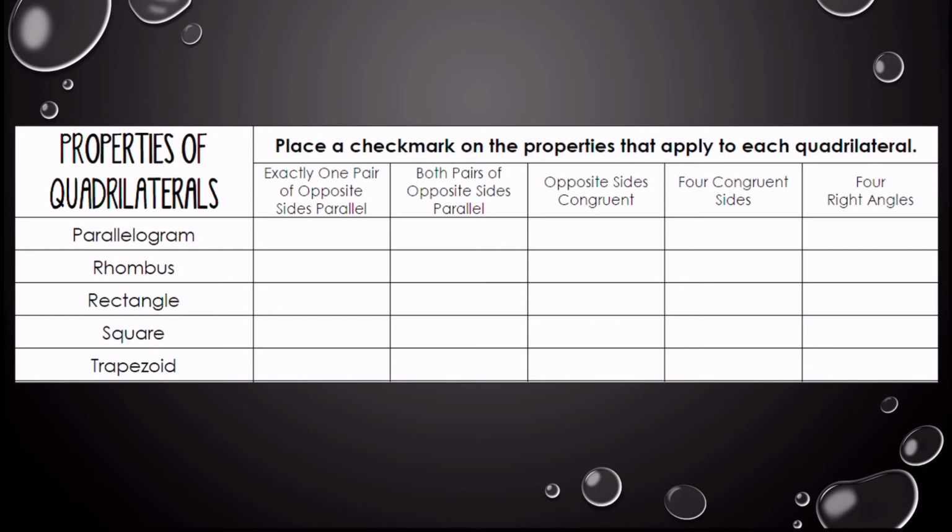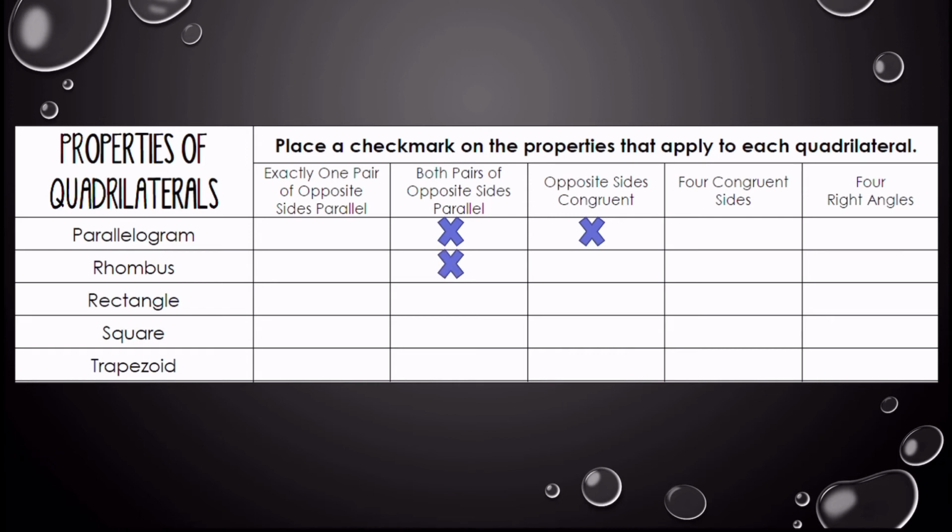A parallelogram, again, is 4 sides, but it has opposite sides parallel, both pairs. Opposite sides are congruent. That is different than saying 4 congruent sides. It is just opposite sides.